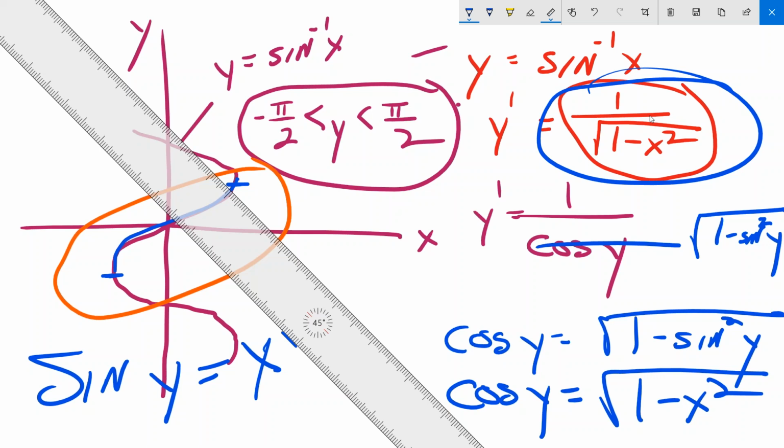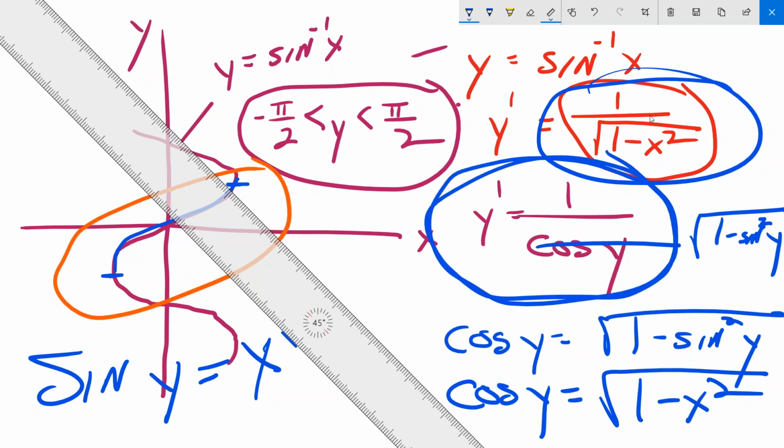So this answer, y prime equals 1 over cosine y, equals this answer up there, y prime equals 1 over the square root of 1 minus x squared, because of that trig identity.